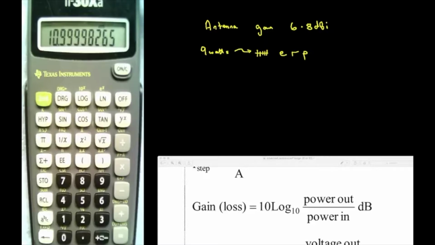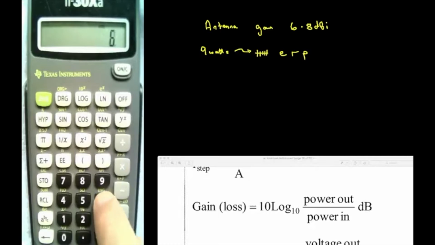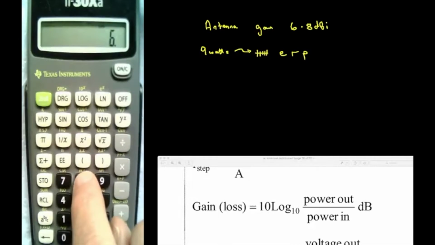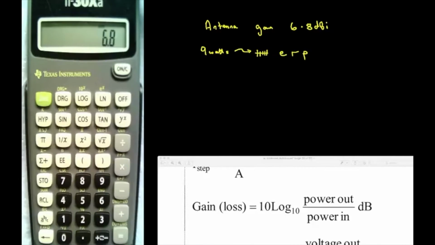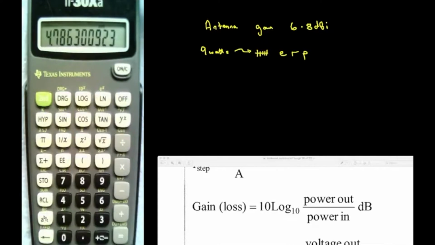So, if you recall from the intermediate course, we need to find out the linear gain. We've got the logarithmic gain, so let's take the linear gain. We've got 6.8 dBi. We need to change that into bels, so we divide it by 10, and that gives us 0.68. And now second function, 10 to the x, gives us 4.78 times.